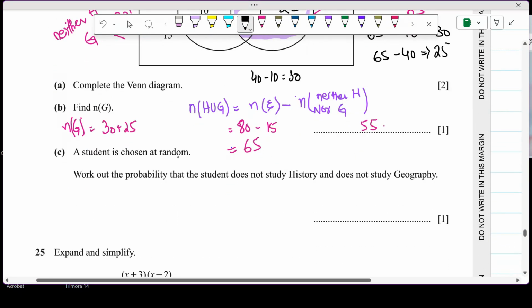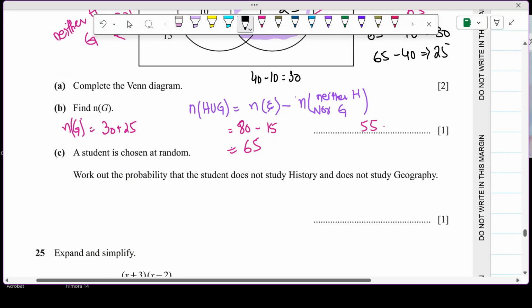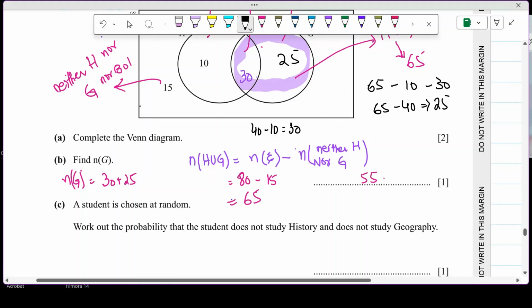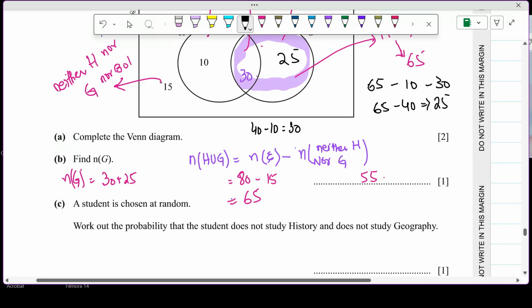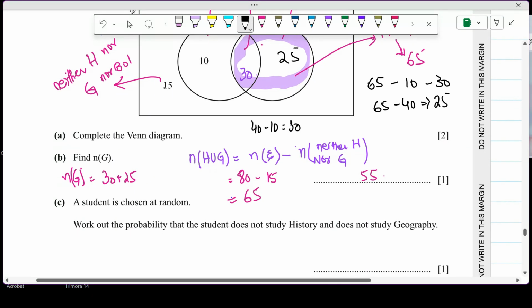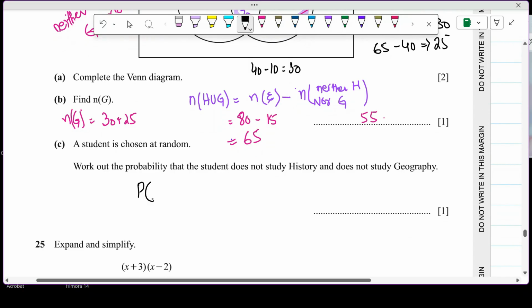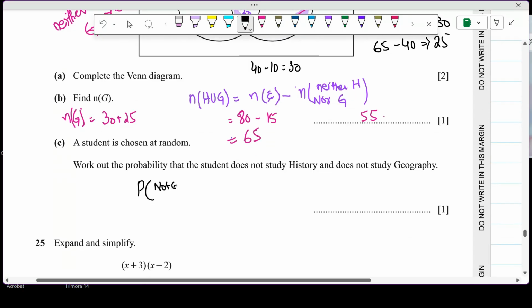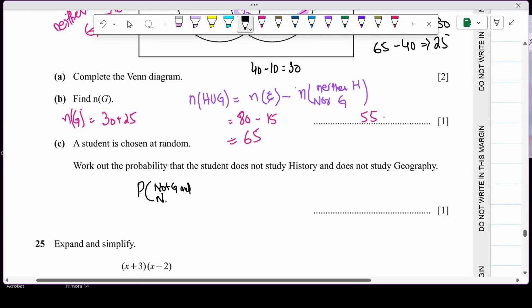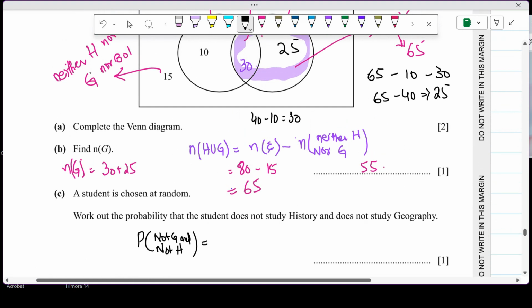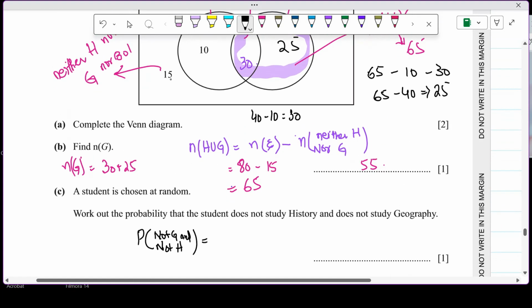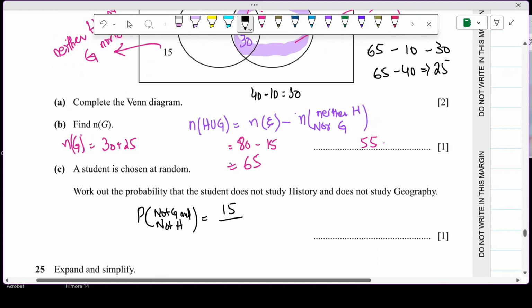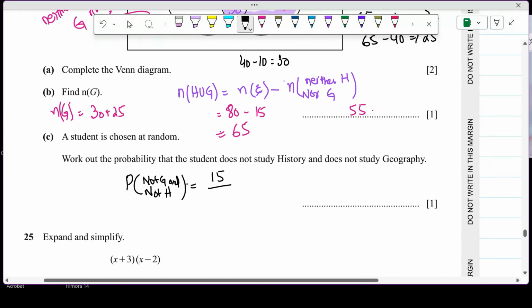Part C, a student is chosen at random. Find the probability that the student does not study history and does not study geography. So we have 15 students who are neither in history nor in geography. So the probability of not G and not history is equal to the number of students who are neither in history nor in geography, which is 15, over the total students, which is 80.